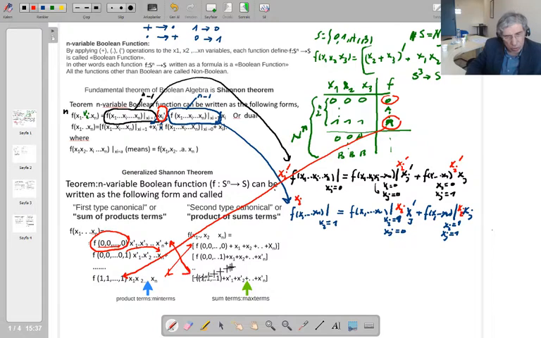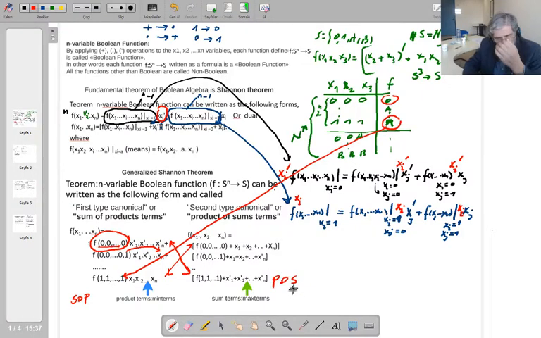So if you get the dual of it, instead of product terms that you see here, they're going to become sum terms. So sum terms are multiplied here. Product terms are summed here. So this is called sum of products. This is called product of sums.